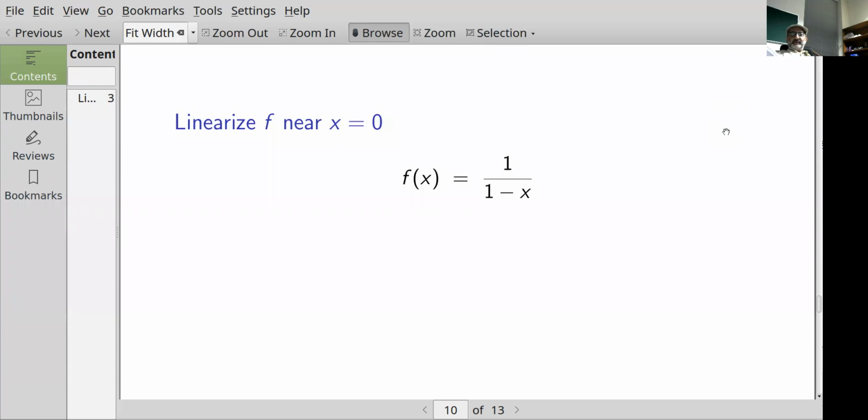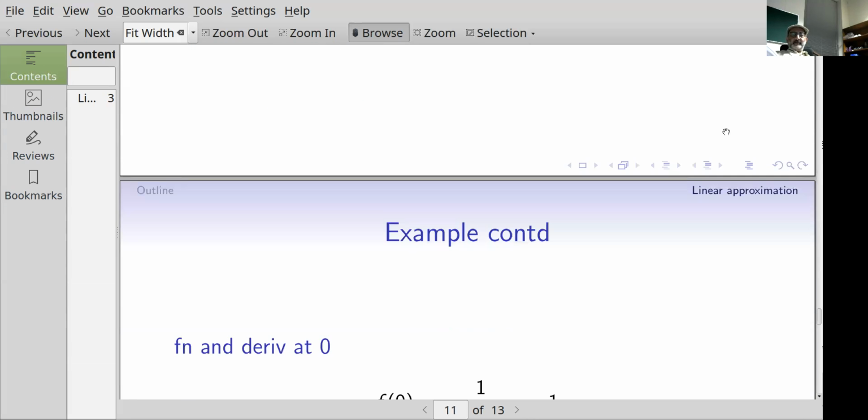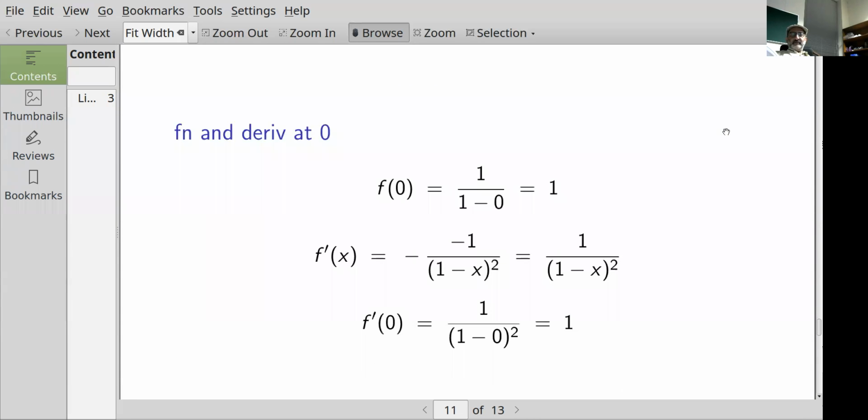Now let's take a look at this function. F of x is equal to 1 over 1 minus x for x not equal to 1. And we want to linearize that function for x equals 0. So for very small x, for x close to 0, f of x is approximately what? Okay. Well, the function at 0 is 1 over 1 minus 0 equals 1. The derivative of the function at x is equal to minus, the derivative of 1 minus x is minus 1, divided by 1 minus x squared, which is equal to 1 over 1 minus x squared.